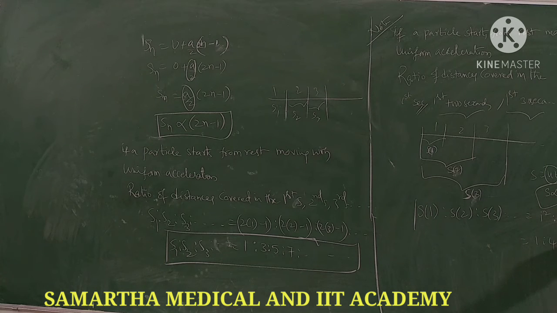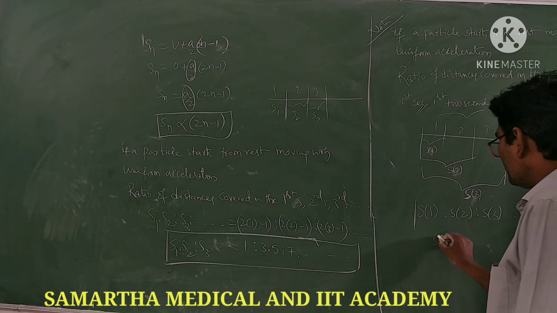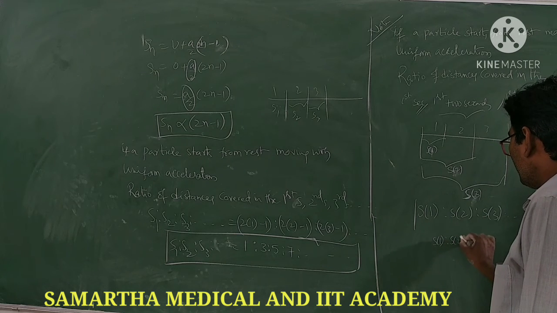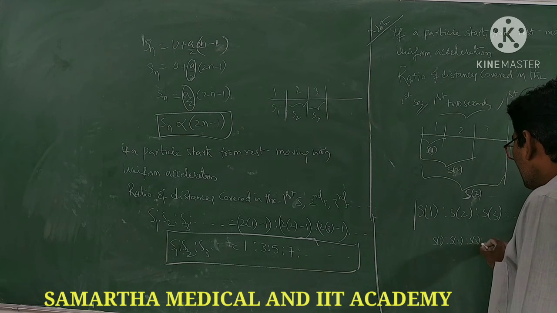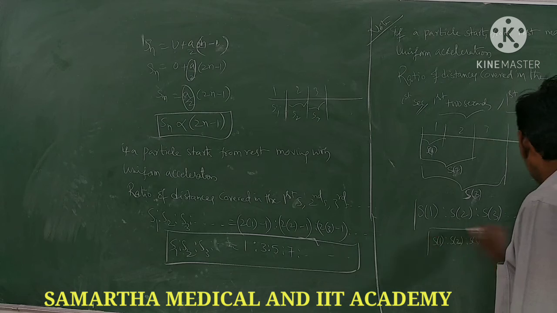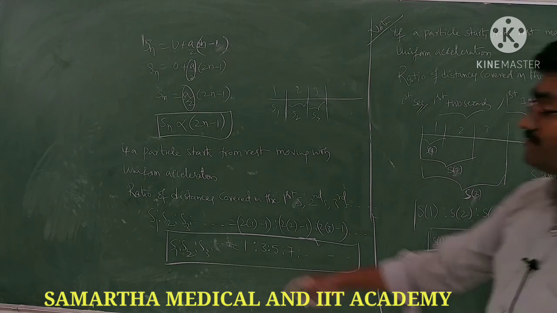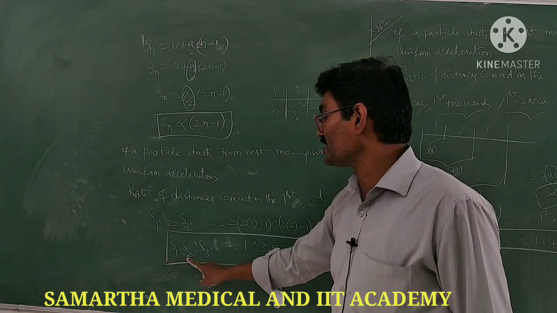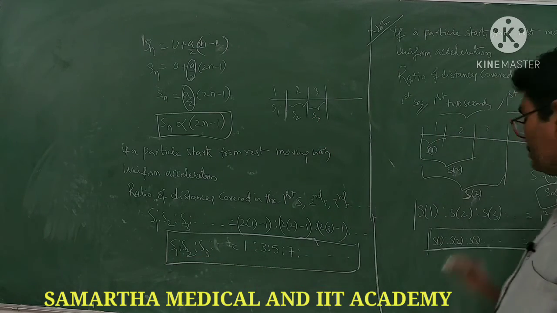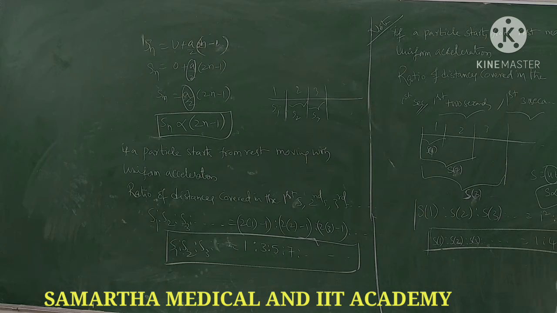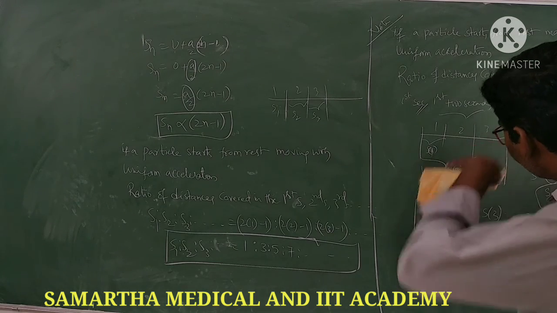Right? So this is the ratio of distances covered in the first second, first 2 seconds, first 3 seconds. The ratio of distance covered in the first second, second second, third second means the earlier one. So be clear, right? Next, go to another one.